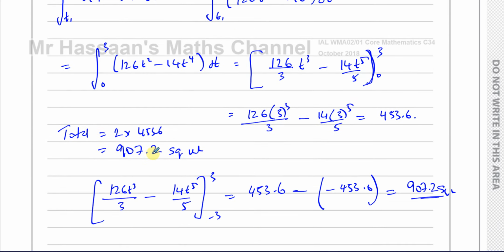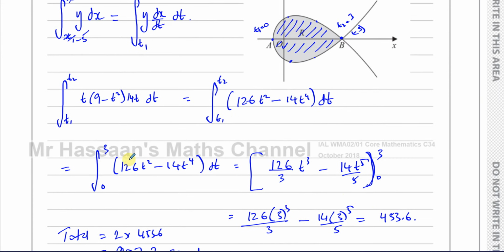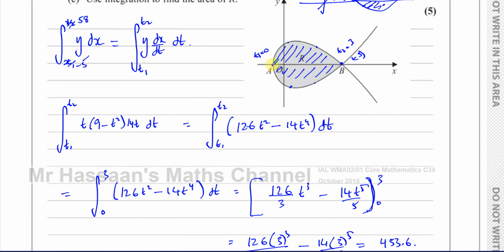And if we take it between -3 and 3, we'll get double that area, because the area between 0 and 3 is only the area for this section of the curve, from there to there. That's the area between the curve and the x-axis between those two points. But when t goes from -3 to 3, we're including the area between this part and the x-axis as well. So it's including all of this area and all of this area.